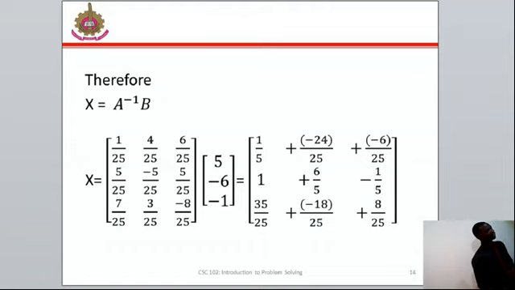And as you can see, from your X now, replacing it by your A inverse and the B vector, which is 5, -6 and -1, you can calculate your X, your unknowns.